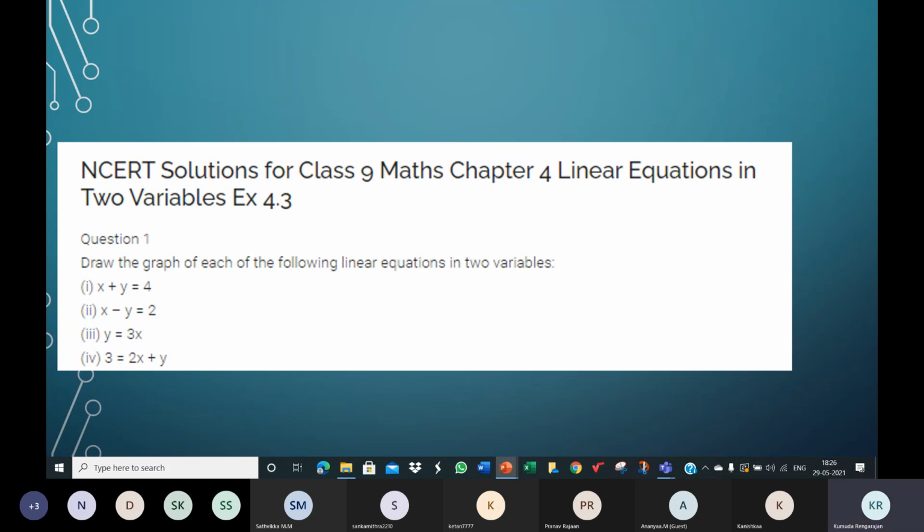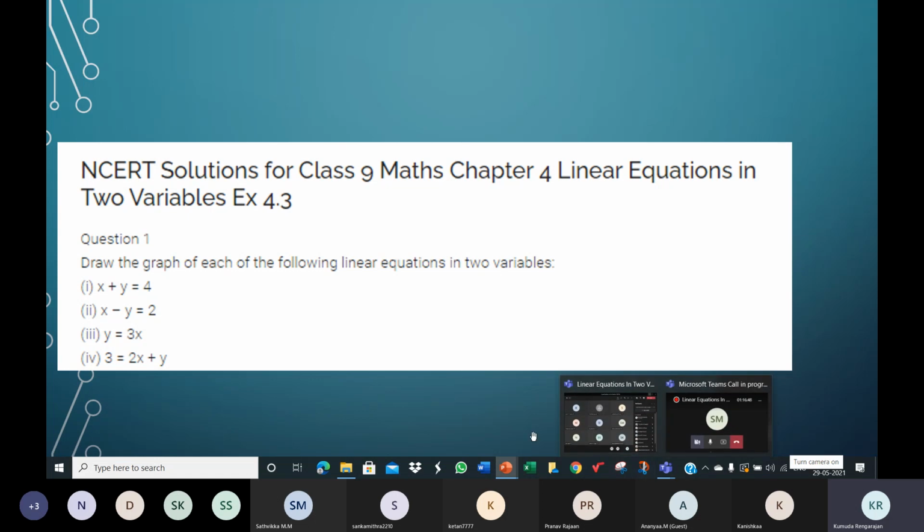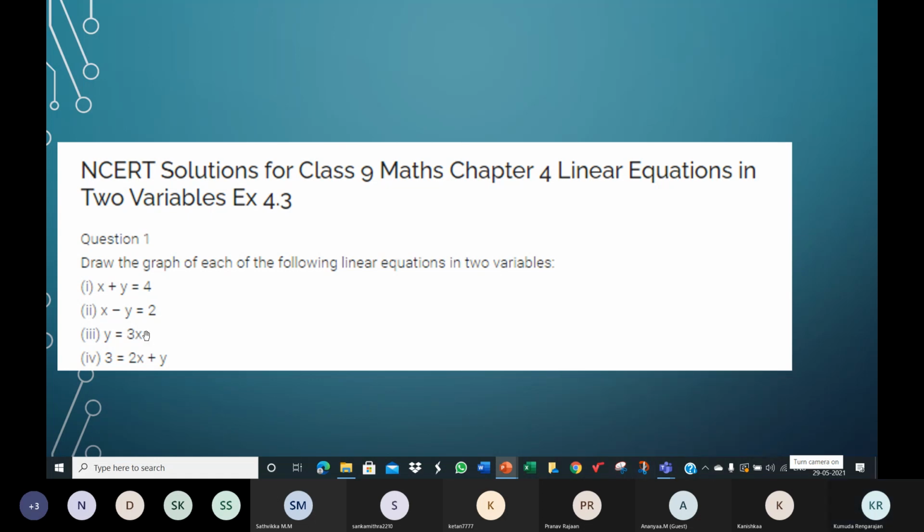So when does the graph of an equation pass through the origin? Who can tell me when the graph of an equation passes through the origin? Without making the graph, you can say that. I don't understand what you mean by the x and y axis are same.